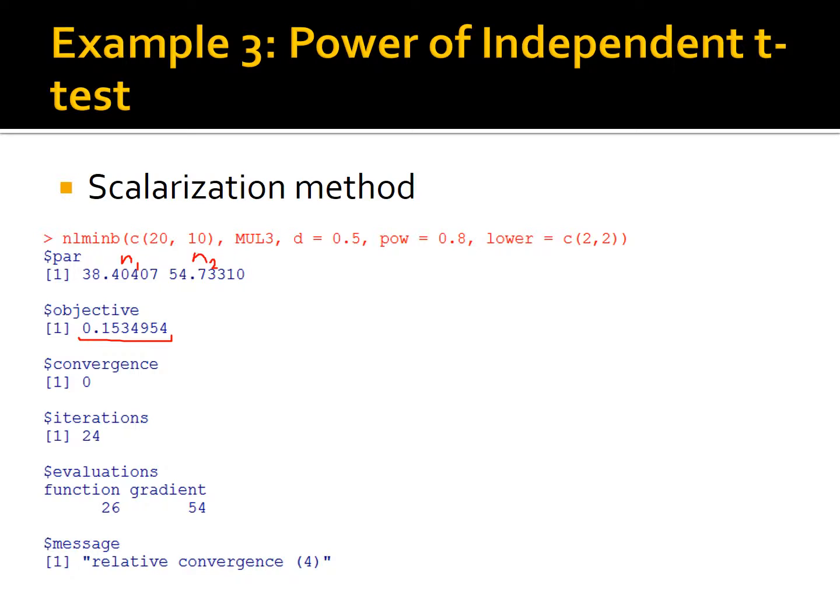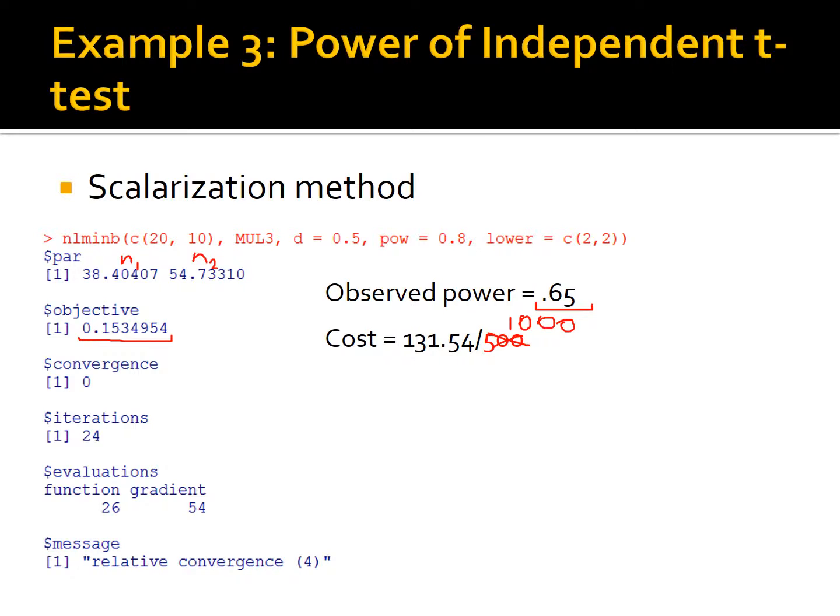I calculated back and found that the observed power is just 0.65, which is not equal to the 0.8 that we decided, and the cost is 131.54 divided by, this is supposed to be 1000, sorry.